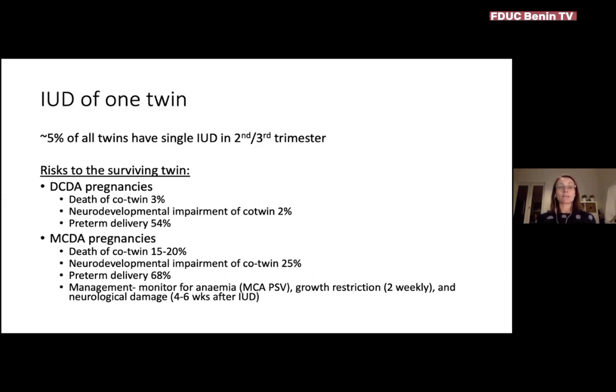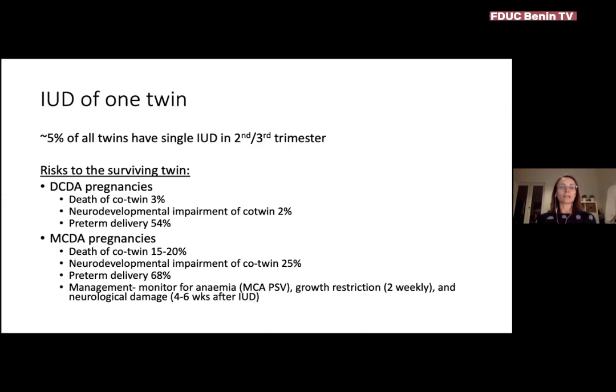And that risk of death and neurodevelopmental impact on the other twin is due to exsanguination of the healthy twin into the blood volume or the space of the dead twin. And because of that, the live twin can become anemic soon after the death of the co-twin.